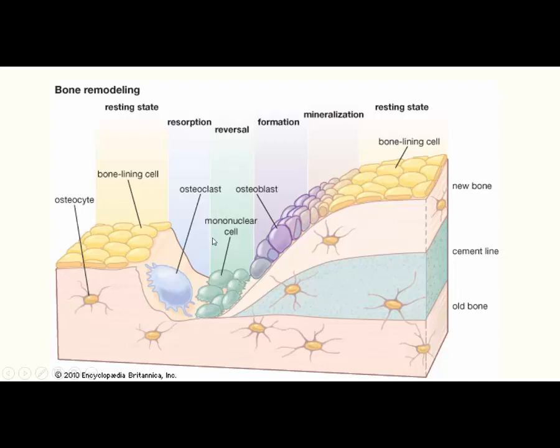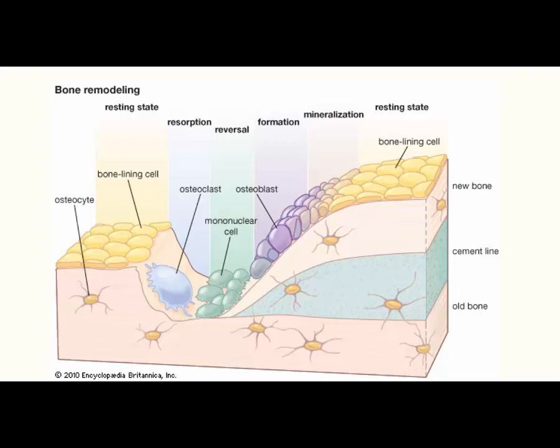As this begins to reverse, mononuclear cells in the bone marrow turn into osteoblasts, and those osteoblasts begin forming new bone. So they're going to be making lots of matrix: collagen monomers, which are excreted, and proteoglycans, which form gels with the extracellular fluid.